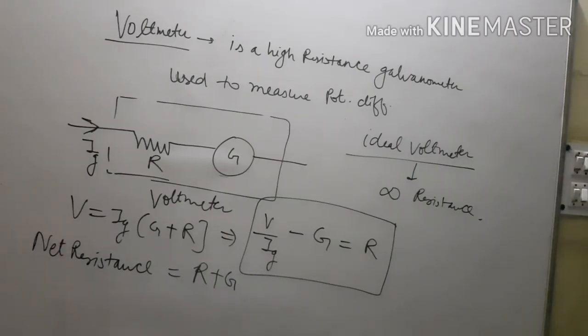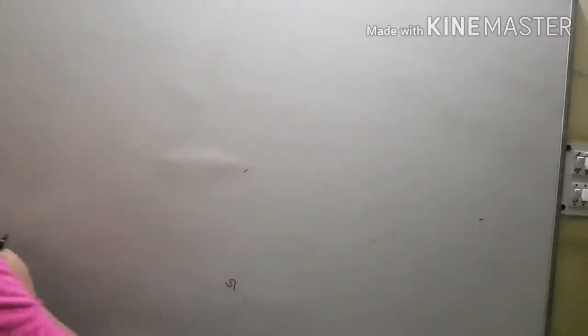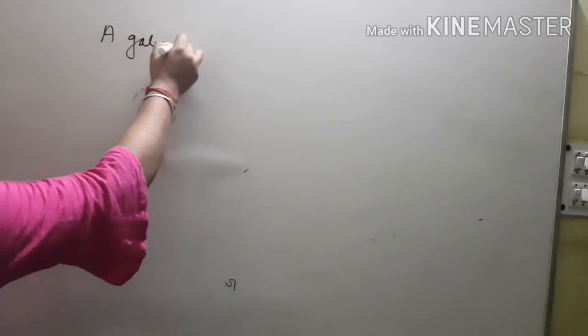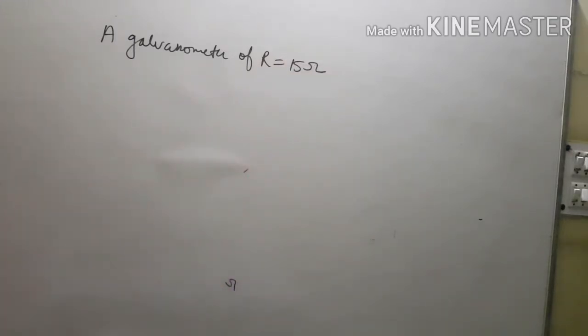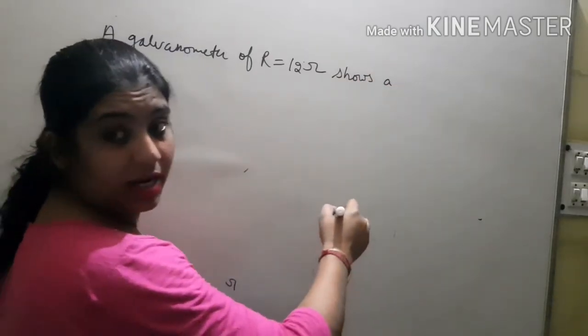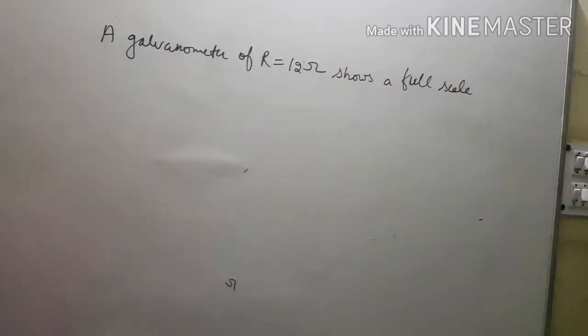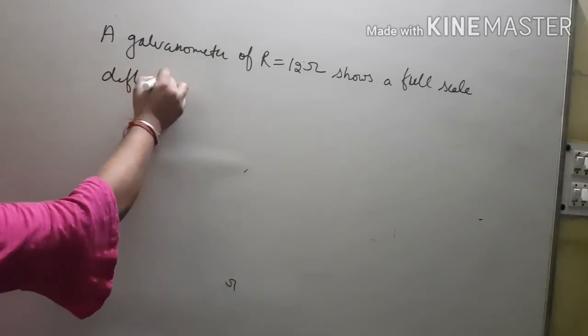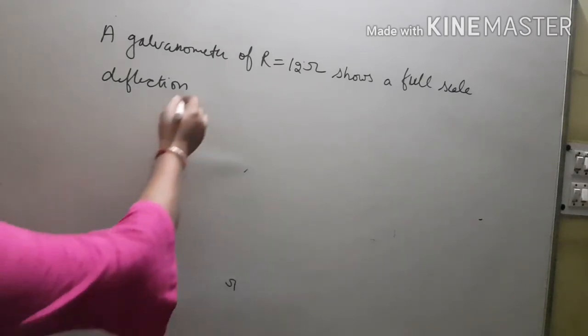The question is: a galvanometer of resistance 12 ohm shows a full scale deflection for a current of 2.5 milliampere.